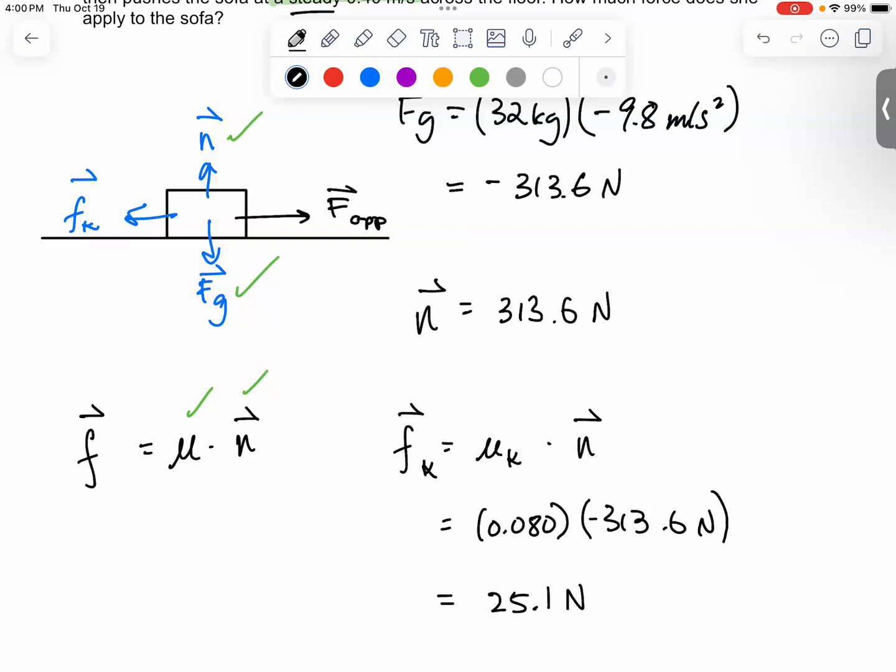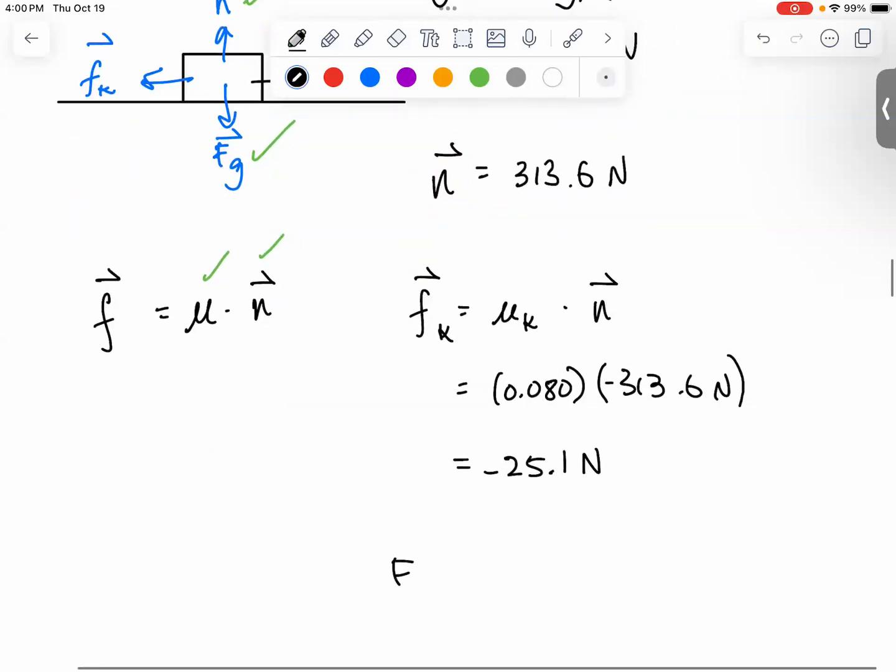Therefore, the force applied to keep the sofa moving forward would be 25.1 newtons.